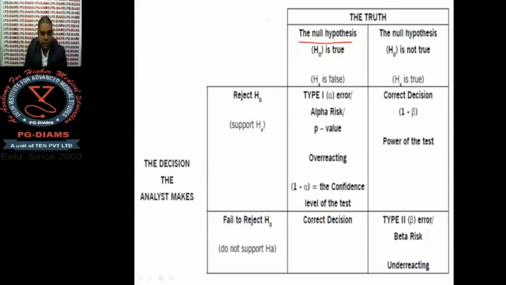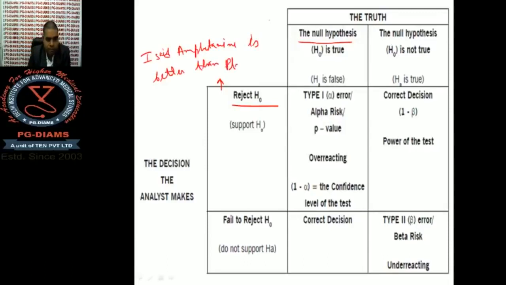See, reject null hypothesis का मतलब I said amphetamine is better than placebo. This means reject null hypothesis, because null hypothesis says that both amphetamine and placebo are same, and that was the truth.